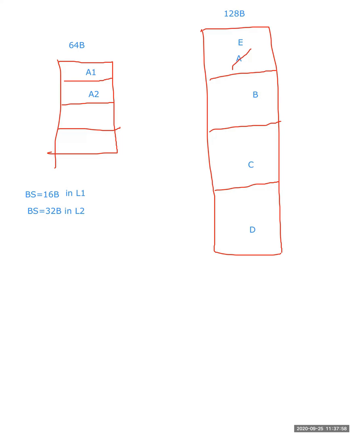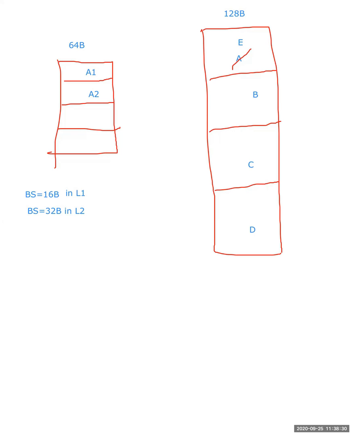So, I in fact raised one answer saying it should be present in both L1 and L2. No, when there is a miss in L1, this is how it works. I want you to be very clear about how multi-level caches work. Your processor is requesting a word. It goes to L1 cache.